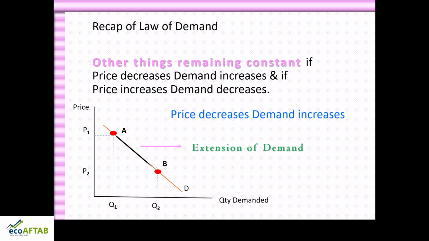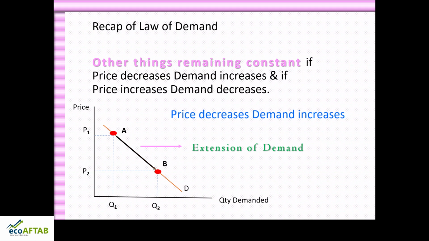Extension of demand happens when the prices reduce. So here in our graph, the price has reduced from P1 to P2, because of which the demand has extended from OQ1 to OQ2. So this is about extension of demand.